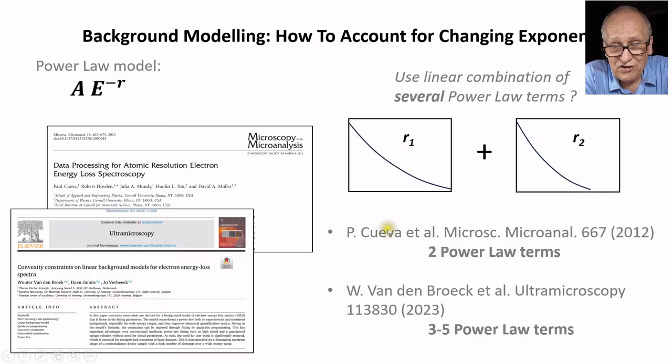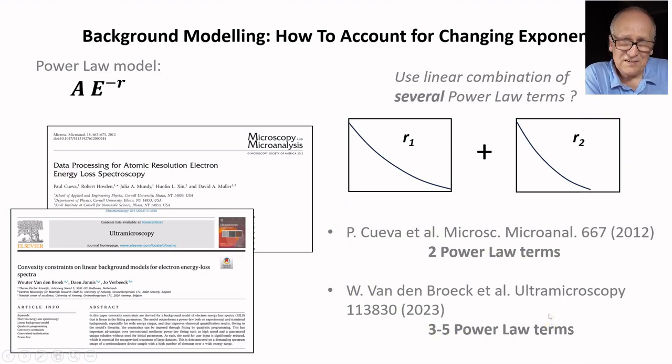The typical approach here is to model the background not with one power law but with several power laws. For instance, Egerton used a linear combination of two power laws, and Wouter van den Broek used up to 5 power law terms.